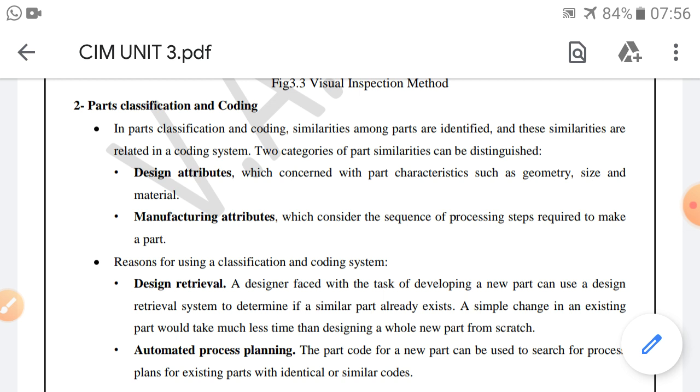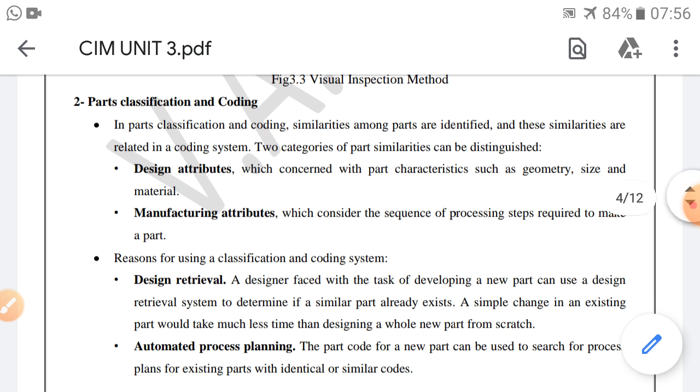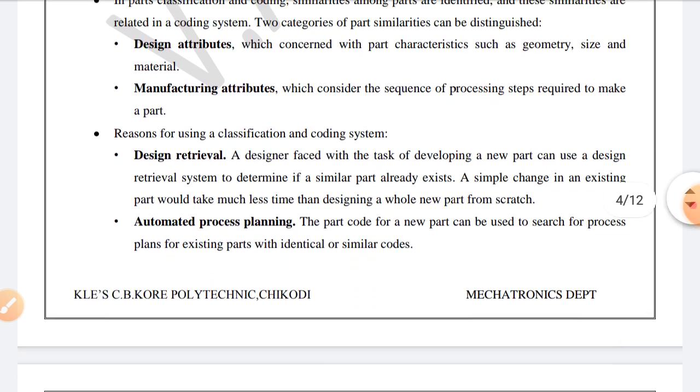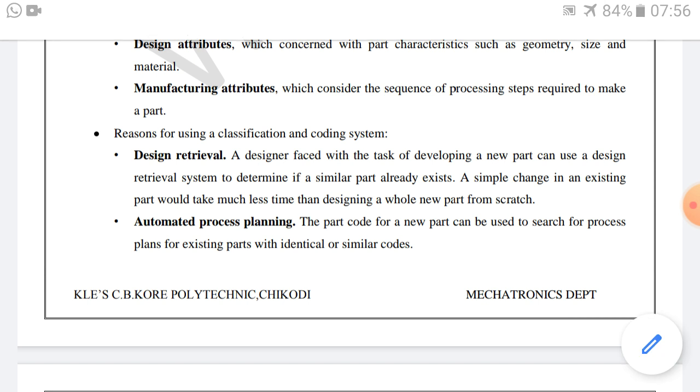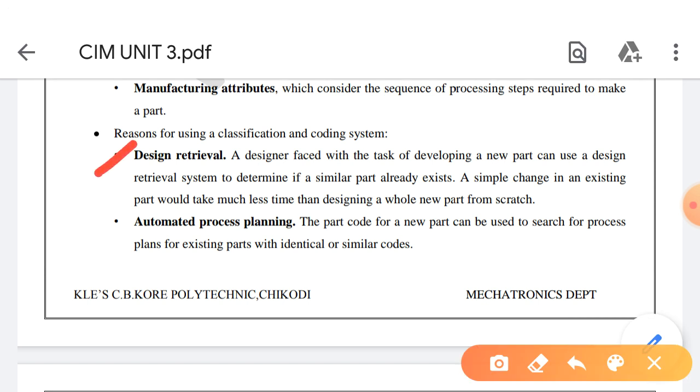Then why do we have to make this classification and coding? There are certain reasons. The first main reason we can call design retrieval. Once a new component comes, you make the planning, make the groups, create the design, and give a separate code for it on the basis of design.